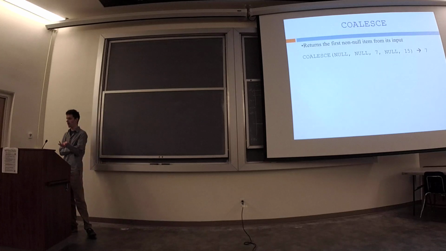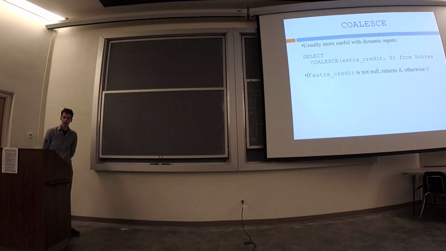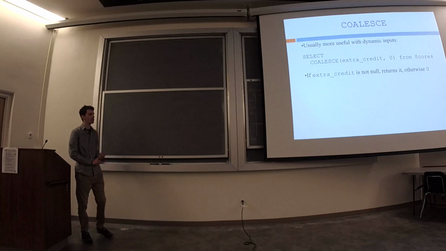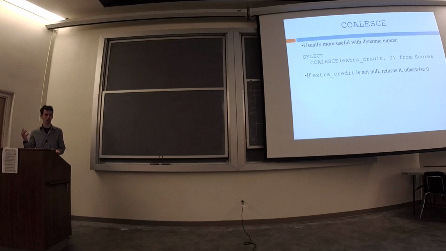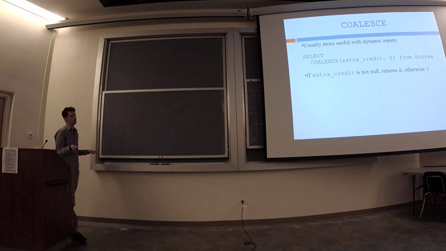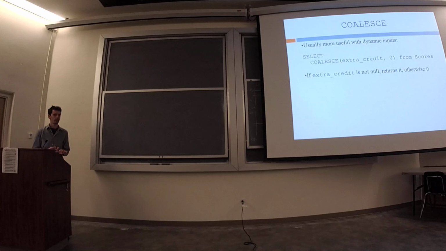Coalesce null, null, 7, null, 15 gives me 7, the first non-null input. Usually not that useful with hard-coded values like this. Usually more useful with dynamic inputs. So coalesce some value that might be null, comma, what value do I want to convert null into if it is? So what this would do is give me either extra credit or 0 if extra credit was null.